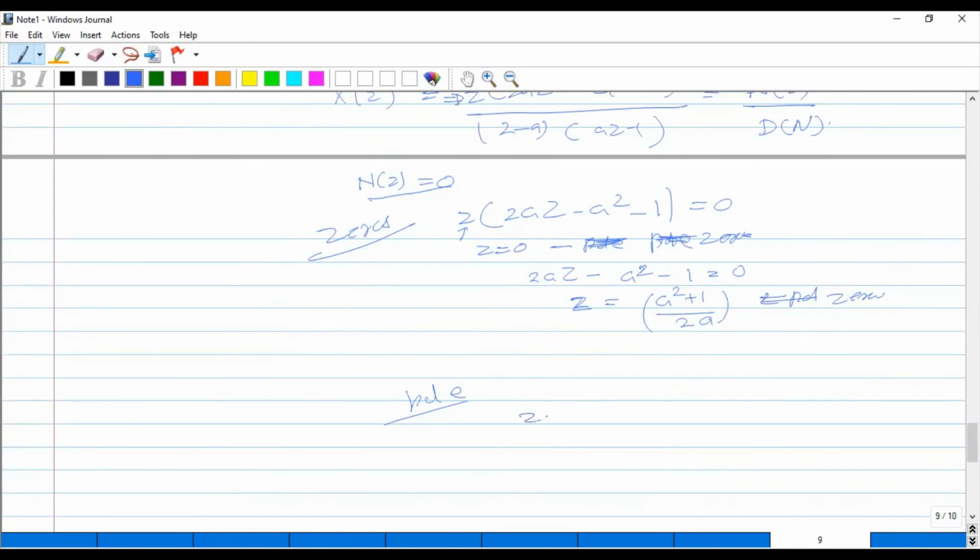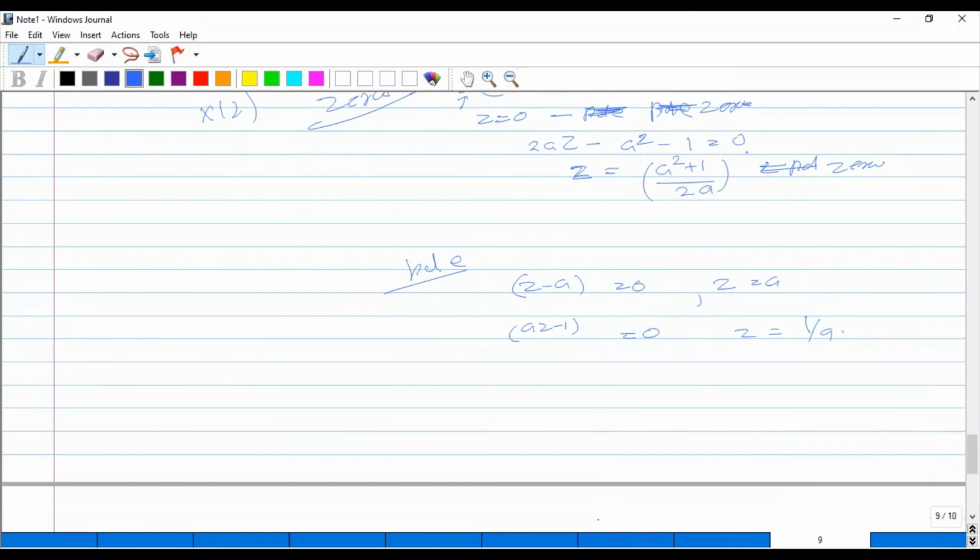Z minus A can be 0, that means Z equal A. And A Z minus 1 can also be 0, that is Z equal 1 by A. So for the above signal X(z), there are two zeros, 0 and this point, and there are two poles, Z equal A and Z equal 1 by A. If I plot the pole-zero plot, it is something like that.